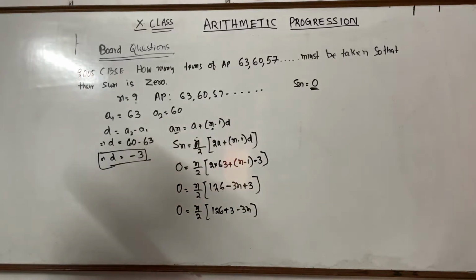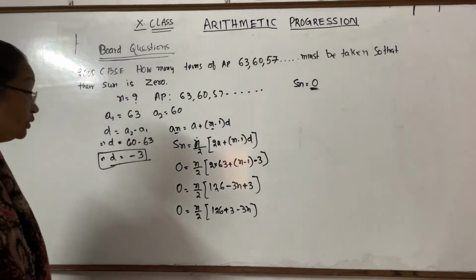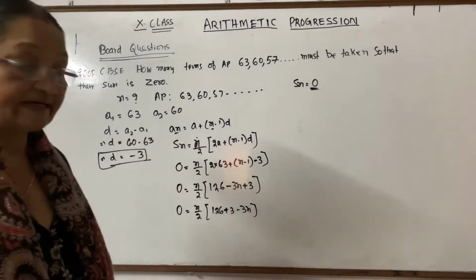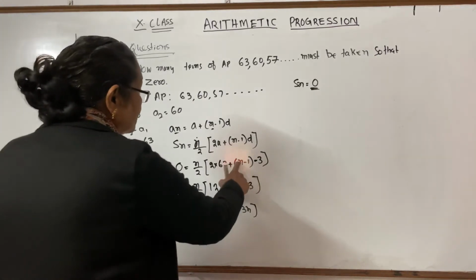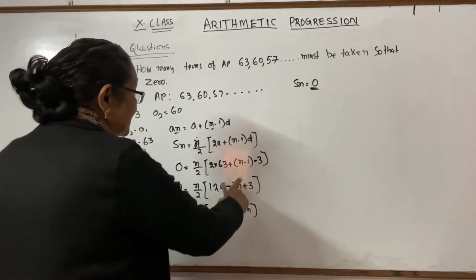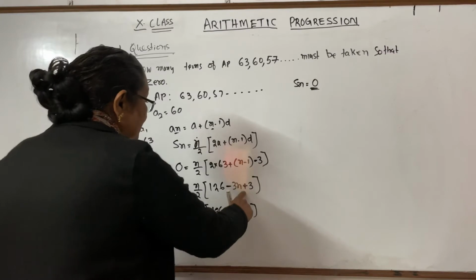So 0 equals n upon 2 into (126 minus 3(n minus 1)), which gives 126 minus 3n plus 3. We multiplied 63 into 2, that is 126. Minus into n is minus 3n, and minus into minus is plus 3.